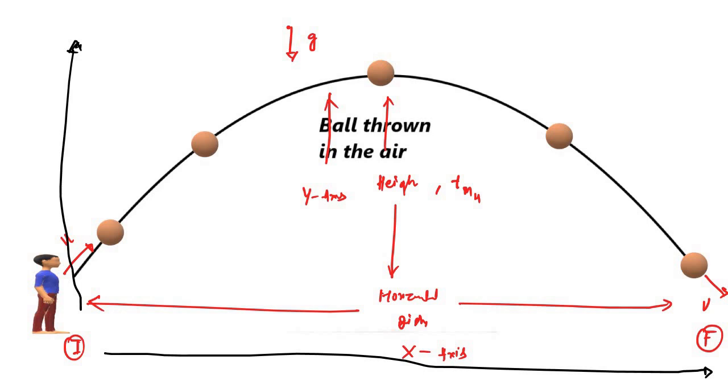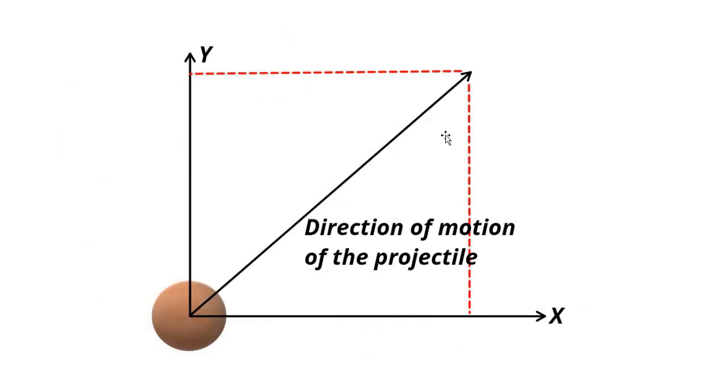For example, see here the initial velocity of projection. It is projected like this, making some angle with the horizontal, let's say theta. This is the initial velocity, so it is a vector, both magnitude and direction come into the picture. So what we do is resolve it into horizontal and vertical components.